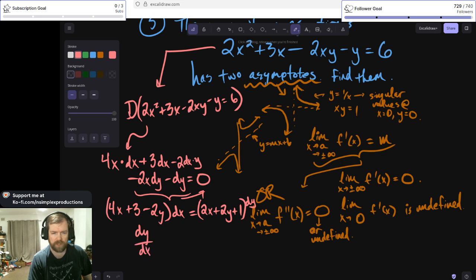So dy/dx is equal to, keep the y where it is, move the rest of the stuff down: 4x plus 3 minus 2y over 2x plus 2y plus 1.